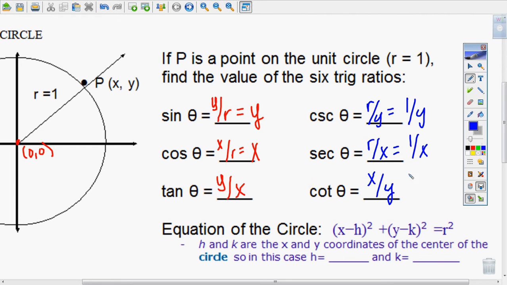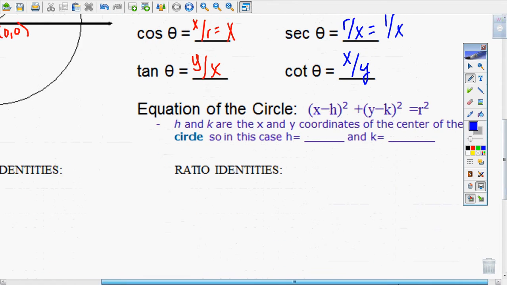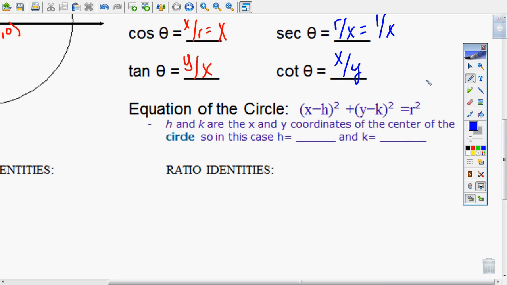So, next thing we're going to talk about is going back to a little bit of geometry. With geometry, we learned the equation of a circle. So with the equation of a circle, we had x minus h squared plus y minus k squared equals r squared. And h and k are your center points.